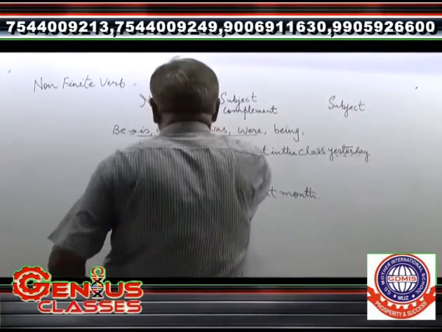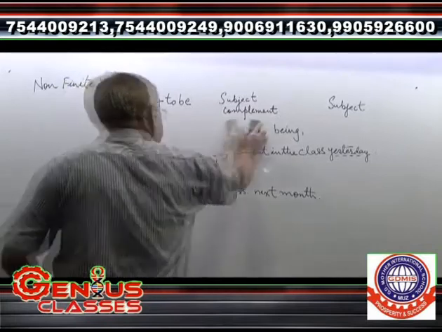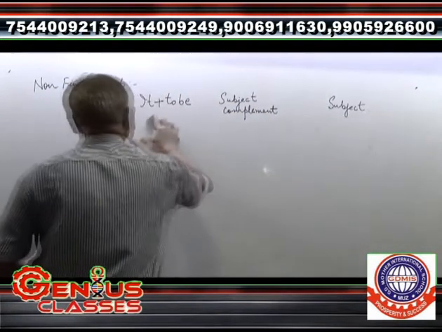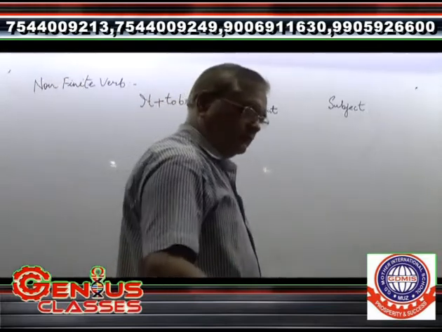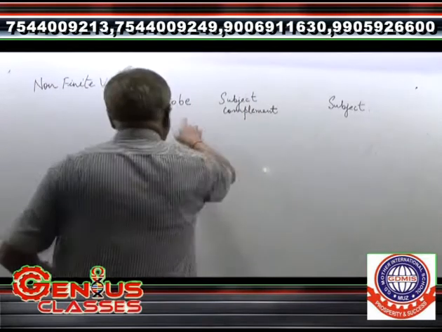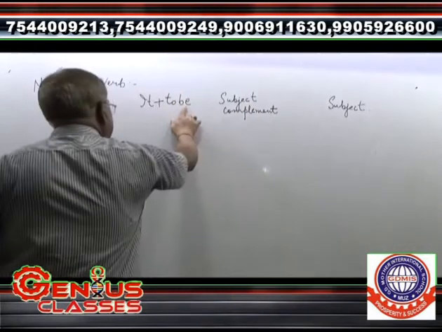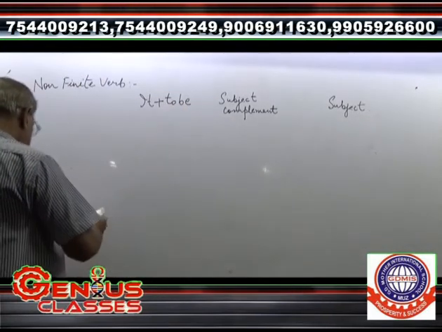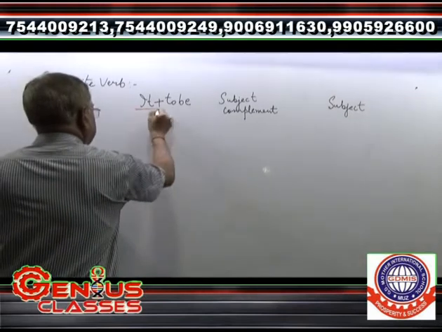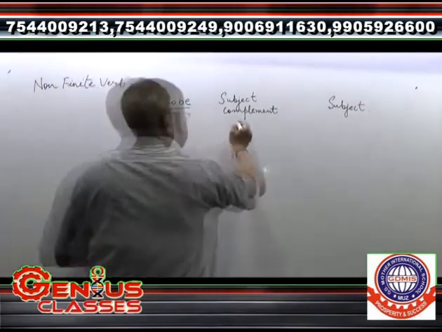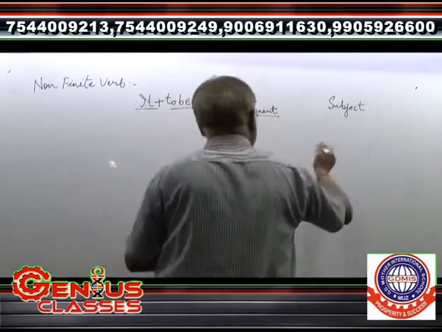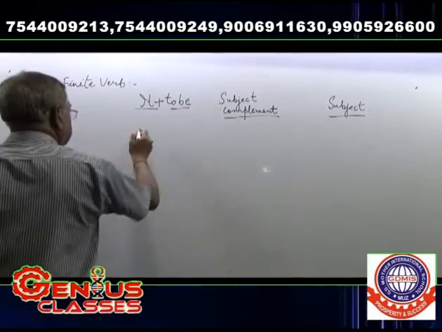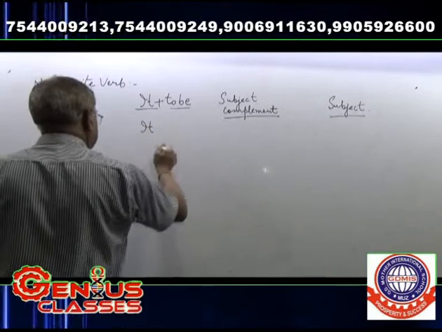So here the word to be is called the main verb. So beforehand, the word to should be written. Then after to be, subject complement, and then after that the subject, that is it.